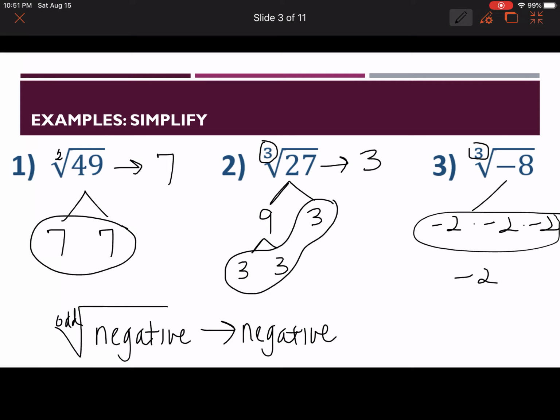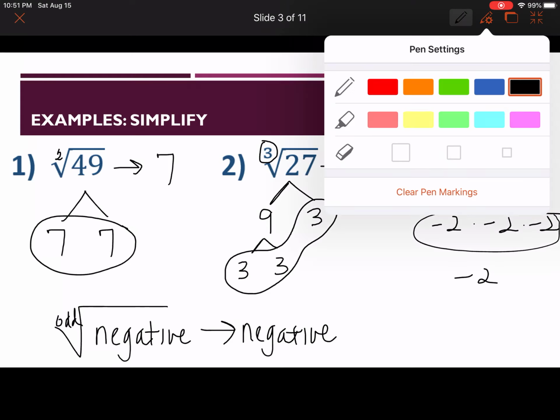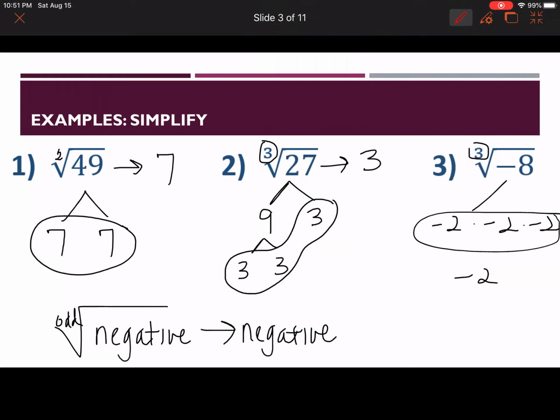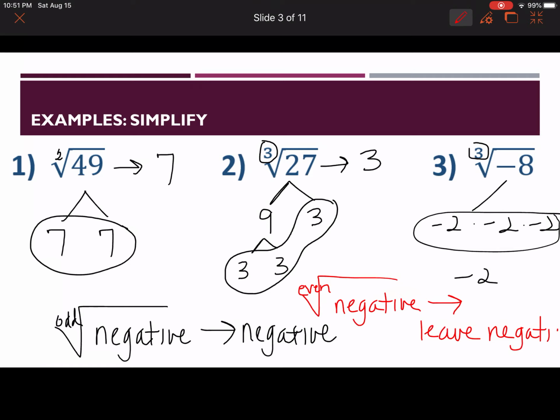On the contrary, if this was an even index, like number 1 with a negative, we would have to leave the negative under the radical. So that's something to keep in mind as we simplify.